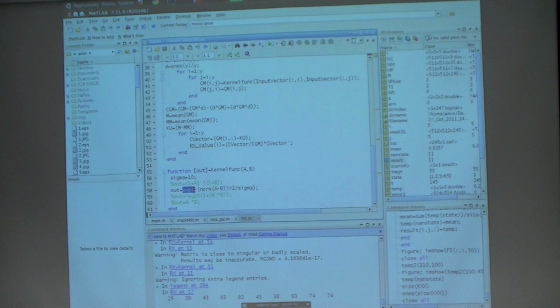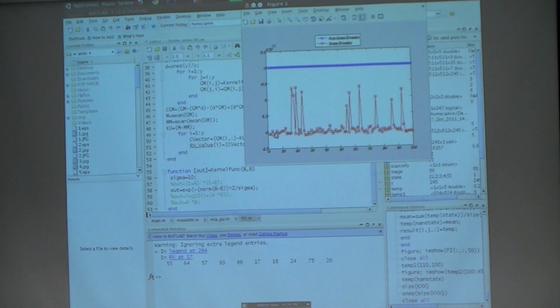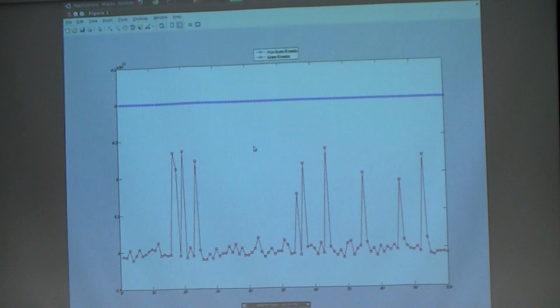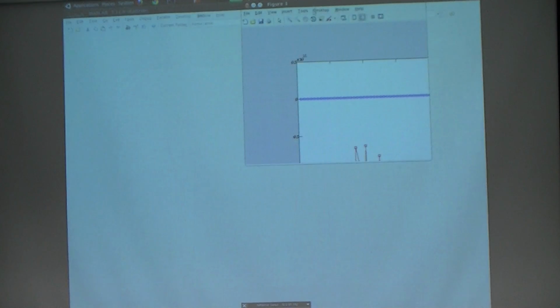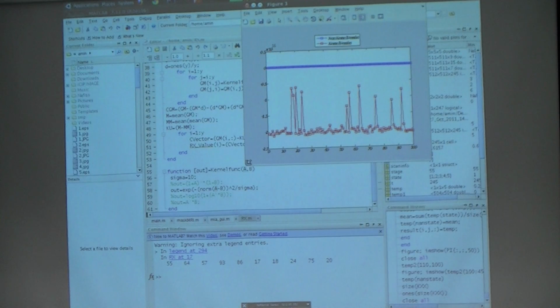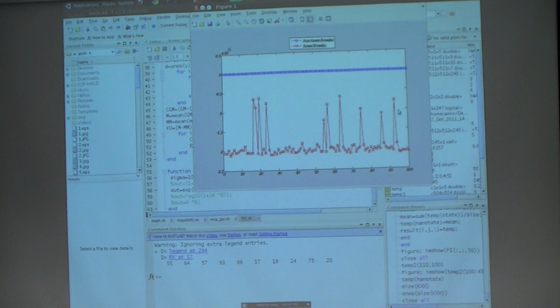For example, here is the exponential of the difference of the two input values. If I run the code, the anomalies are detected on these points.